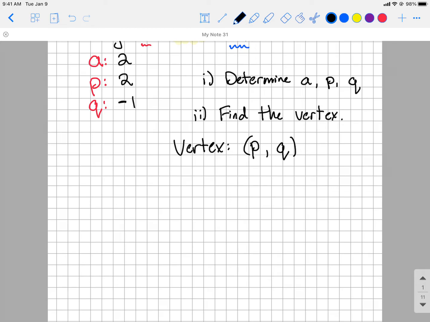So all we have to do is take those two values that we had, which are up here, so p and q, and those give us our vertex, which is 2, negative 1. So now we know what our vertex is. That means that we already know one point of our graph before we actually do anything else.